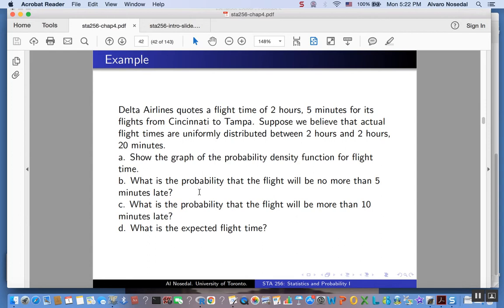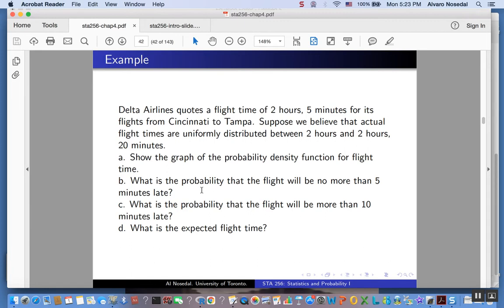According to Delta Airlines, they claim that they take 2 hours and 5 minutes to go from Cincy to Tampa. So they are going to be late if they take a bit more than that, more than 125 minutes, but we want to be no more than 5 minutes late, up to 5 minutes late.